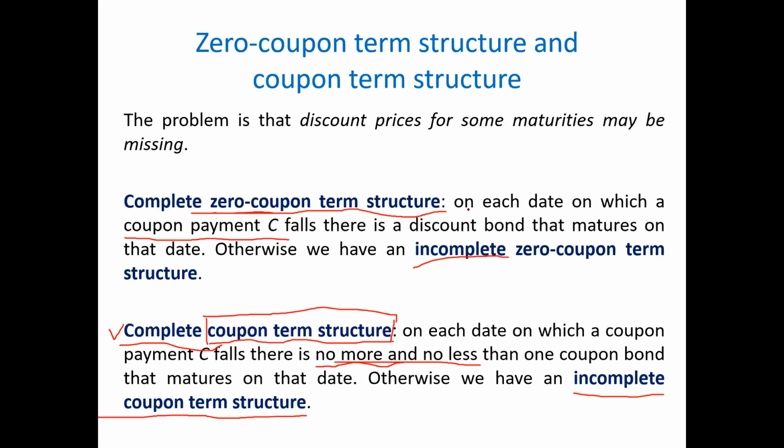However, coupon bonds mature once a year or probably twice a year. Sometimes there are even years in the history, not quite far away history, when there were no coupon bonds maturing in that particular year. So obviously the frequency of coupon payments is much larger than the frequency of coupon bond maturities, and therefore it is just not possible to have a complete coupon term structure under these conditions.